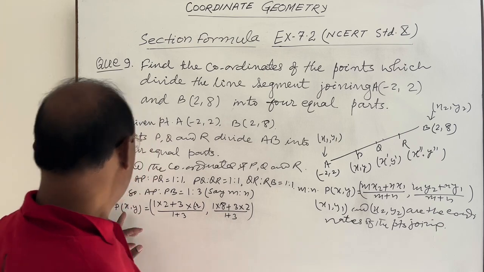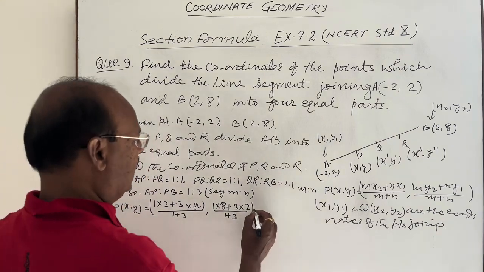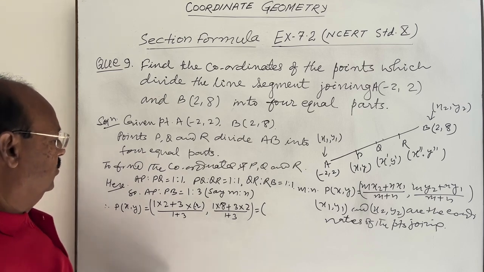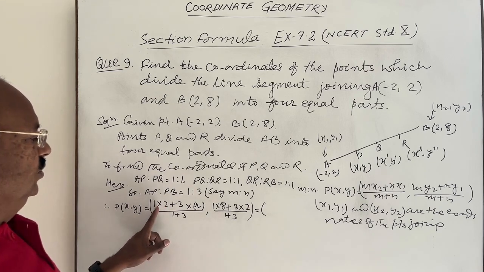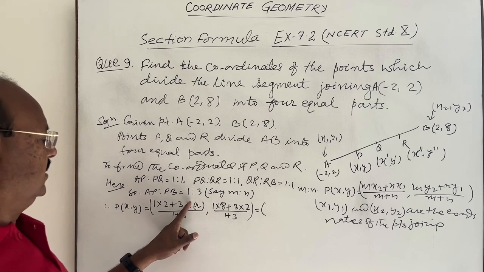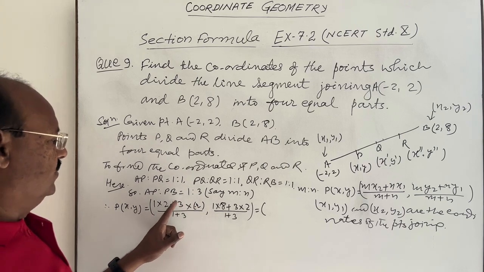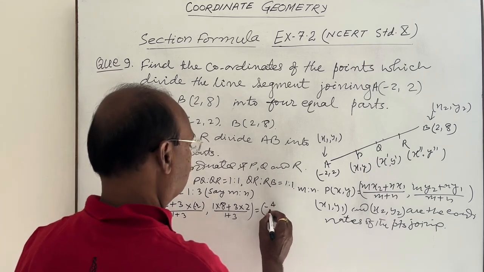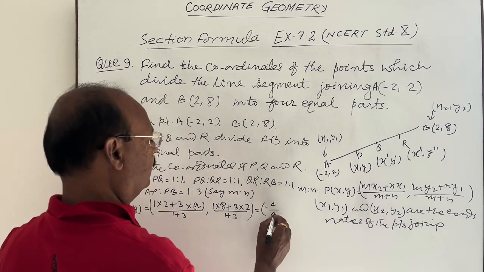These are the values of x and y. Let us simplify. In the numerator, 1 into 2 is 2, and 3 into minus 2 is minus 6, so 2 minus 6 is minus 4, and the denominator is 4.